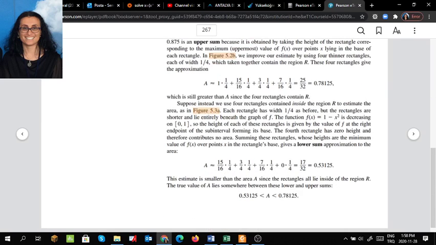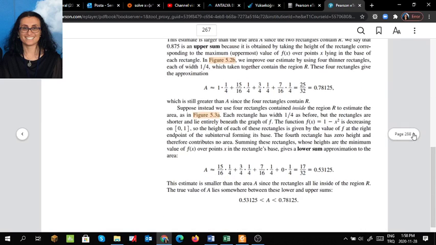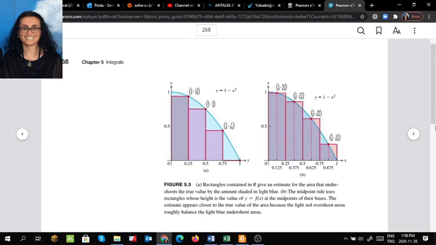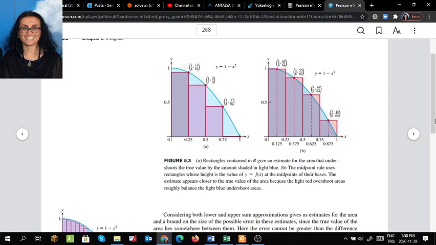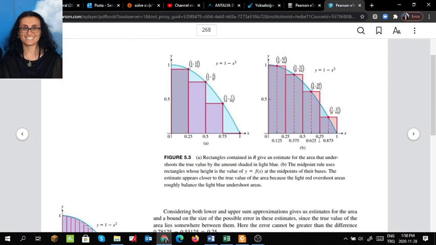We are going to show you how to do these later on, and let me go through all of the section, just a couple of things to show you. These are the details of how we estimate the area, but there are actually 3 ways we can use to estimate areas.